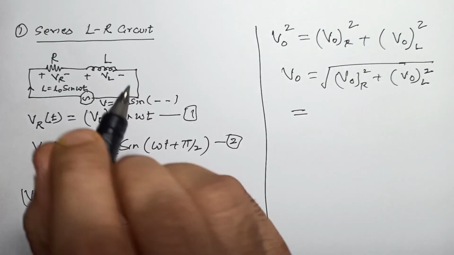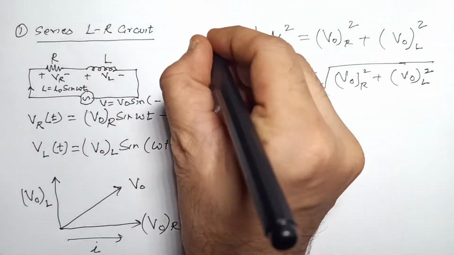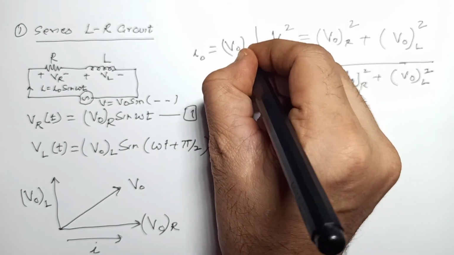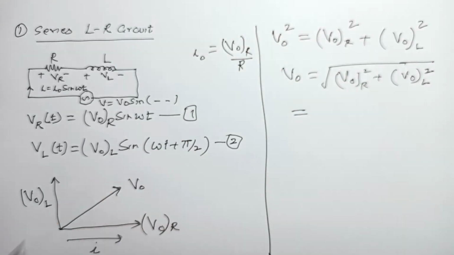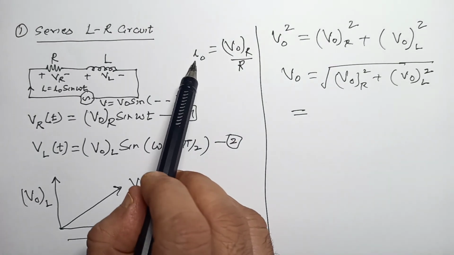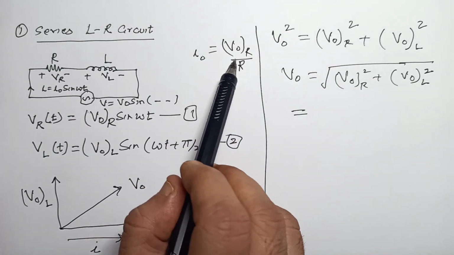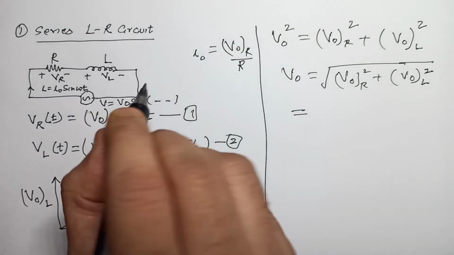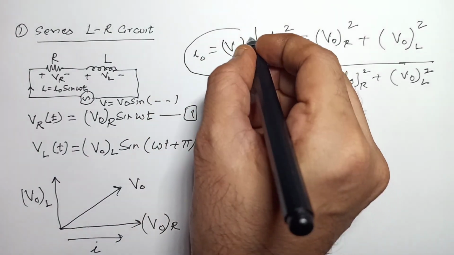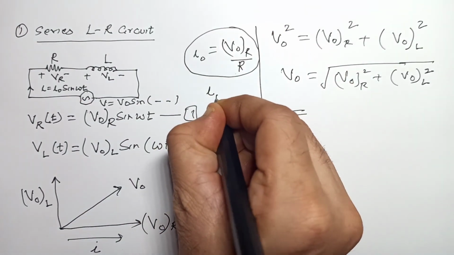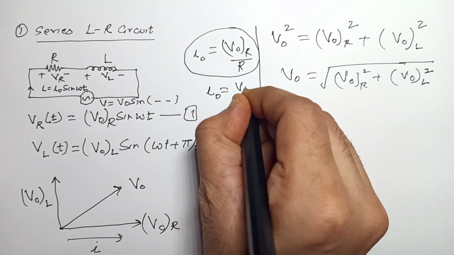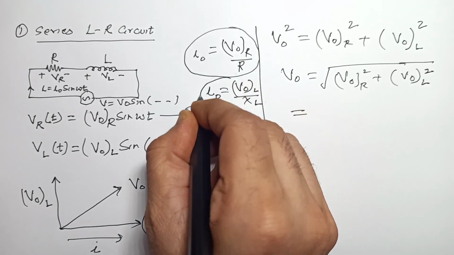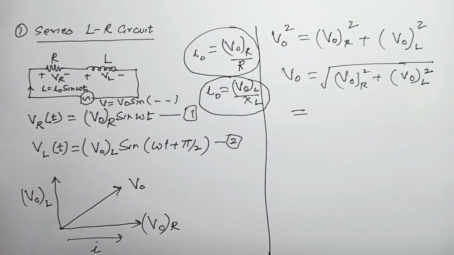We know that I naught is equal to V naught R by R. See, I naught is equal to V naught of the resistor by R, this is the first equation. The second equation, let me put it this way, is I naught is equal to V naught L by XL. Correct?